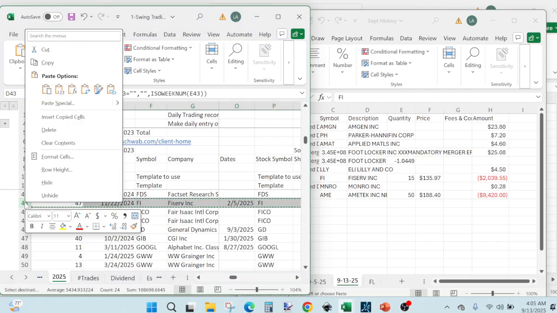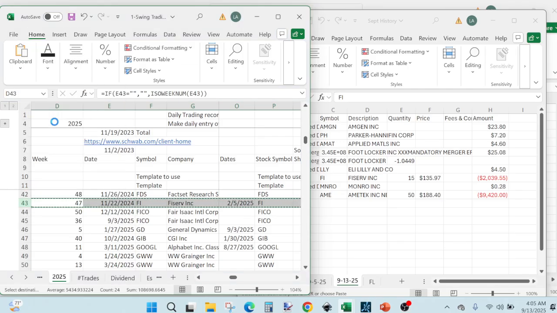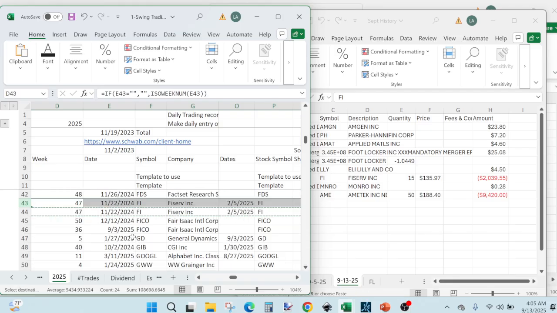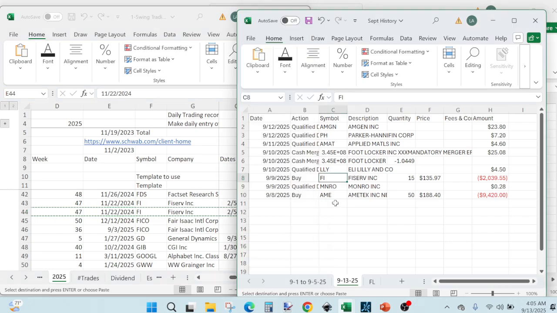So I'm just going to duplicate that line. When you see dates on the right side, that means that purchase has been sold. And when was it? It's on the 9th as well.